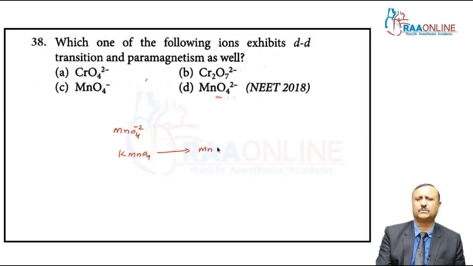KMnO4 always converts to MnO2, or it is also converted to MnSO4. In the MnO4 2 minus ion, the oxidation state: x minus 8 is equal to minus 2. That is why you get the oxidation state of plus 6.